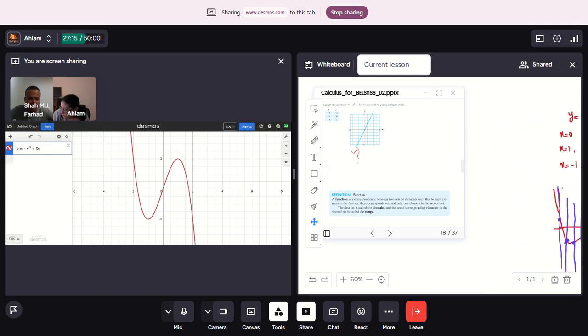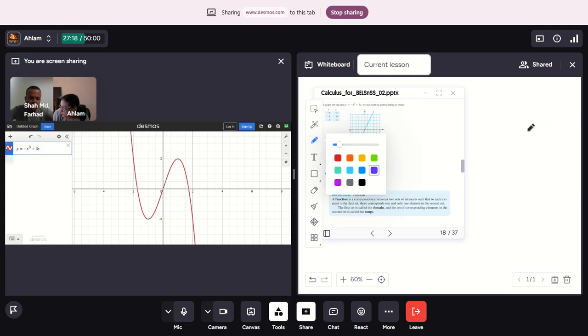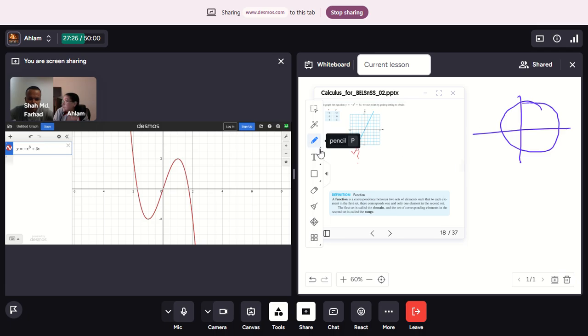But what will happen for this? If you are given a graph just like this, and we move a vertical line along the graph, what we see here is that the line intersects the graph at 2 points, right? First one is one, the second one is over there.